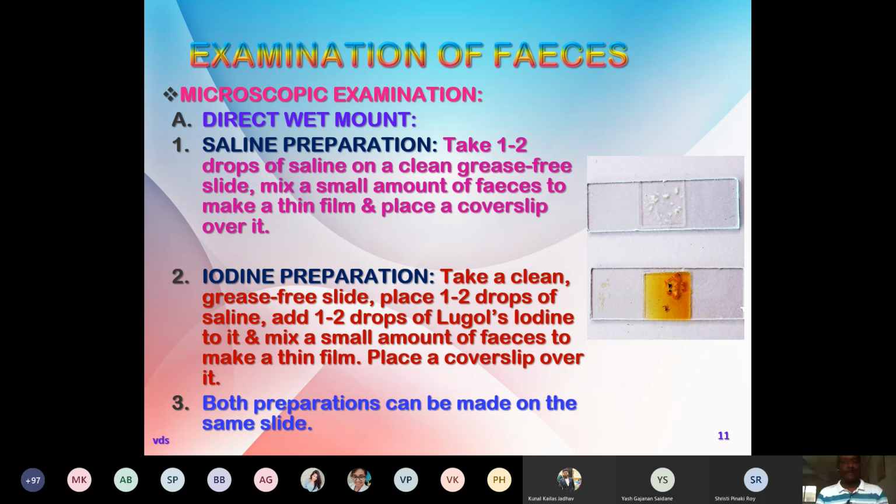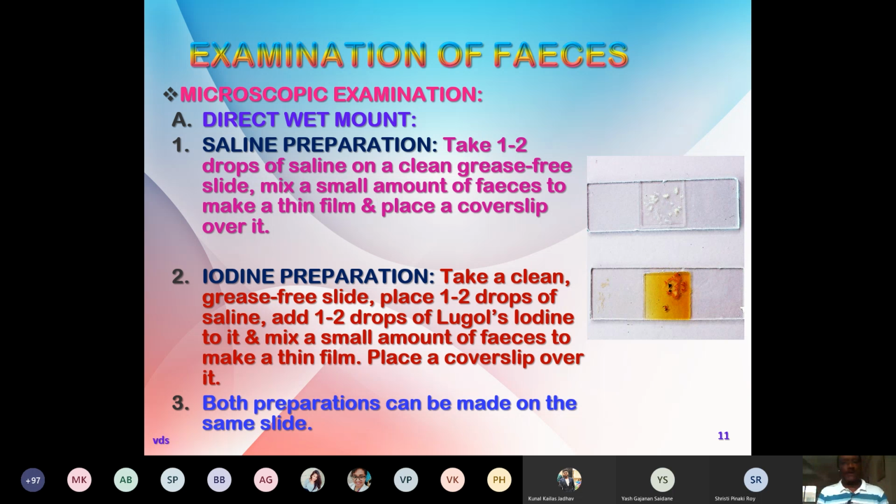These are the two important techniques which you are supposed to do during your final examination, and that's why you are supposed to understand them properly. They are very simple techniques, but you have to remember them and signify what you are doing during your practical examination. So firstly, we'll start with saline preparation and then we'll go to the iodine preparation.